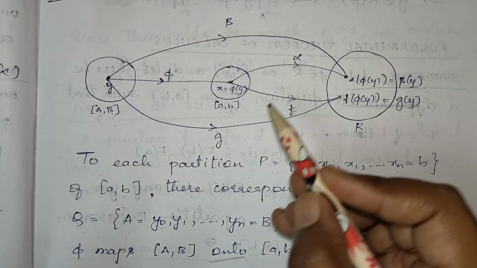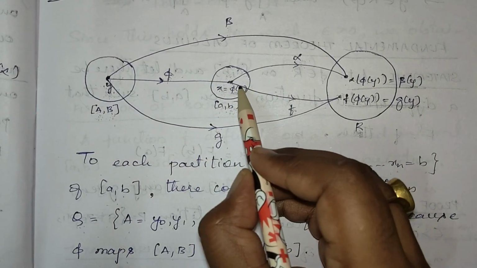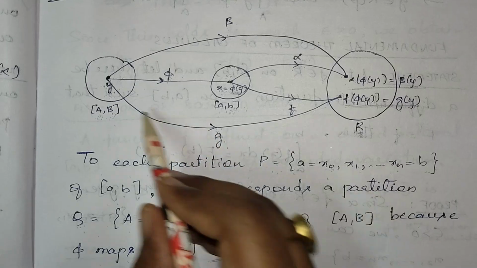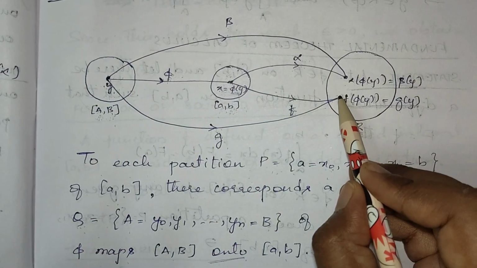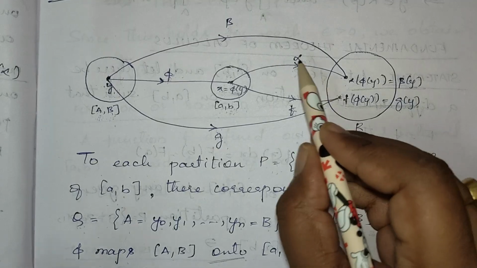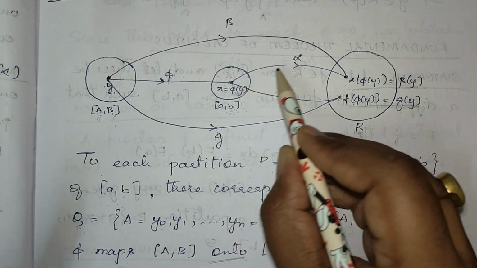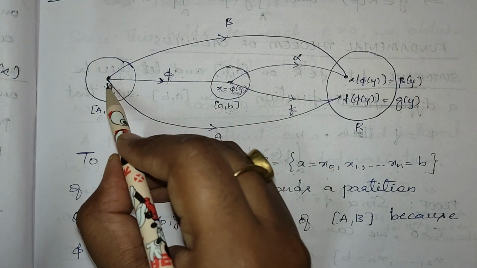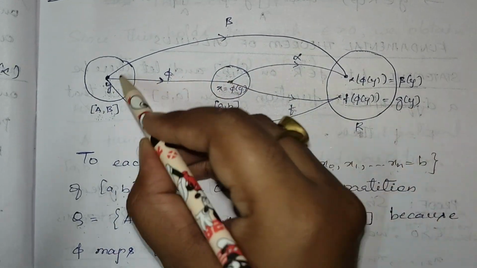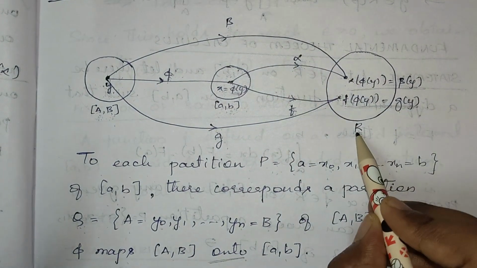So what they are telling is the image of phi of y under f is the same as the image of y under g. So they are mapped to the same element. And it is the same with alpha and beta also. The image of phi of y under alpha is the same as the image of y under beta. So these two are mapped to the same element here in R.